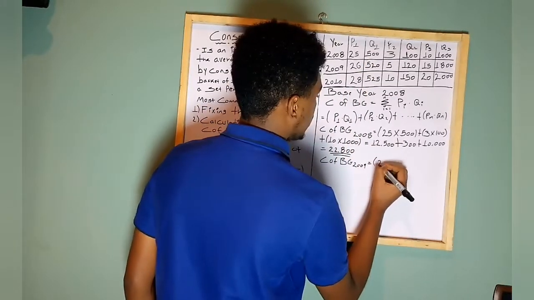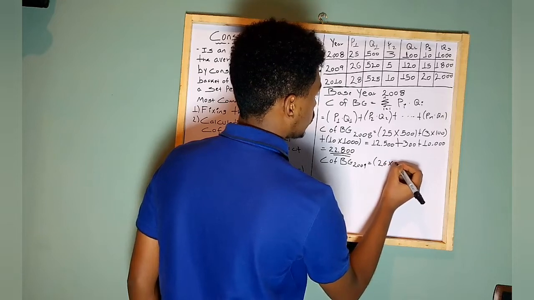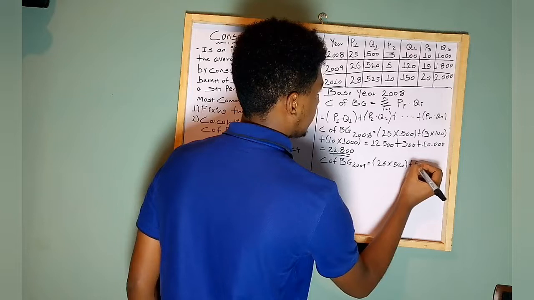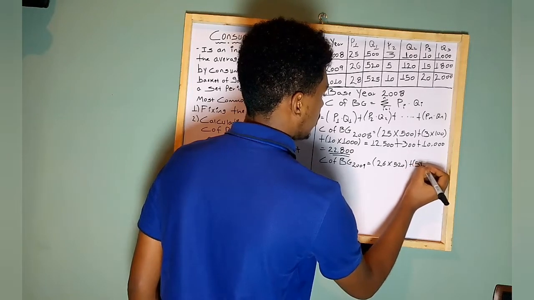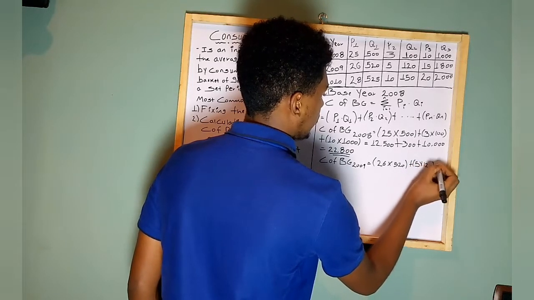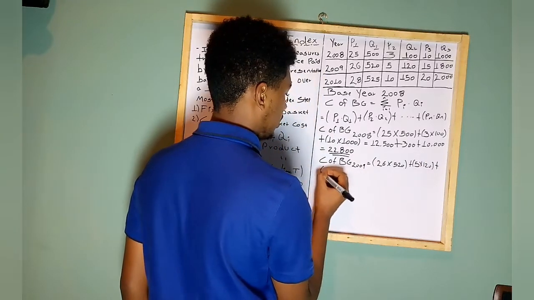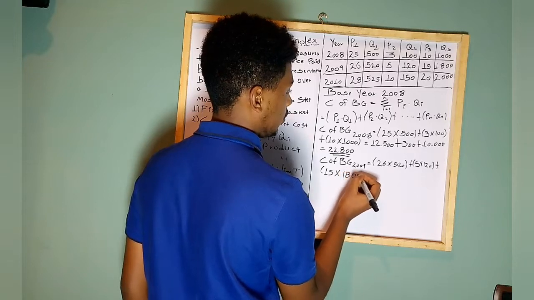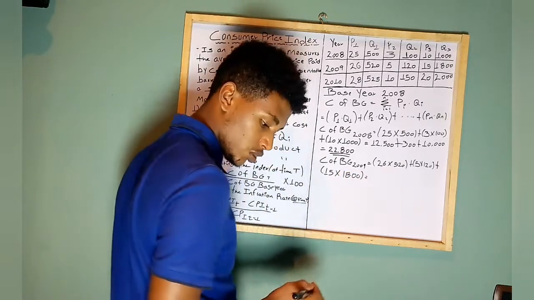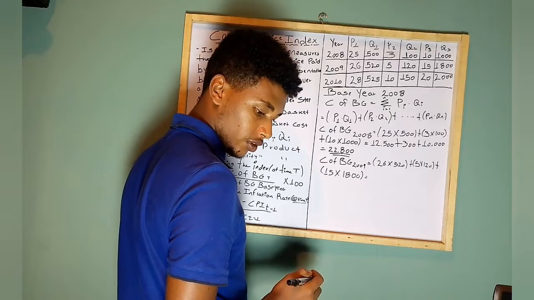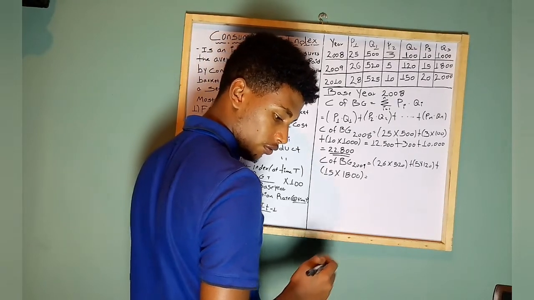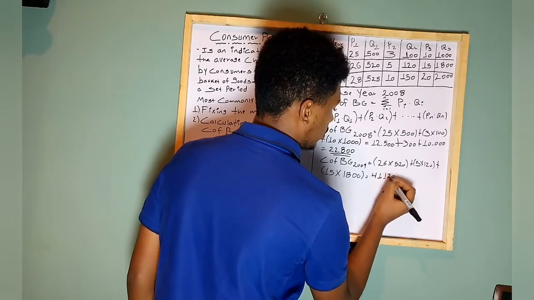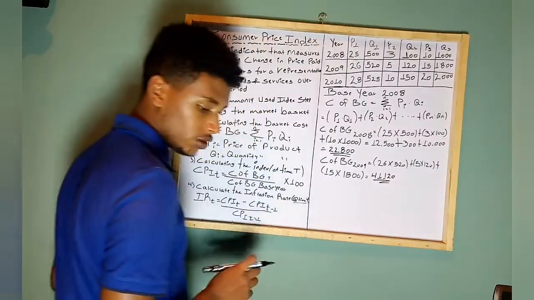It is 26 multiplied by 520, plus 5 multiplied by 120, plus 50 multiplied by 1,800. Therefore, the result would be 41,120. This is the result.